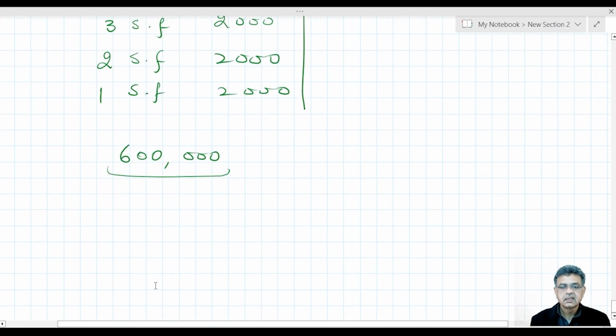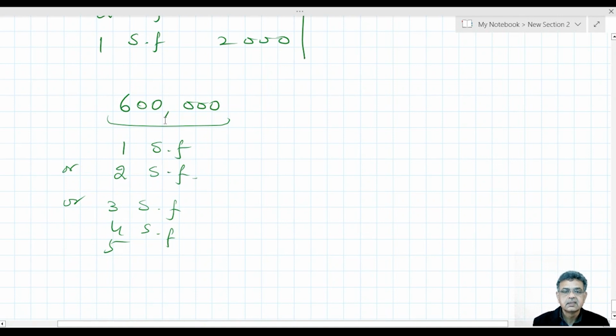So this is actually one significant figure. But if we have to round it off to two significant figures, it can also be considered equal to two significant figures, or three, or four, or five, and six significant figures. So it depends on how many significant figures you want to consider.